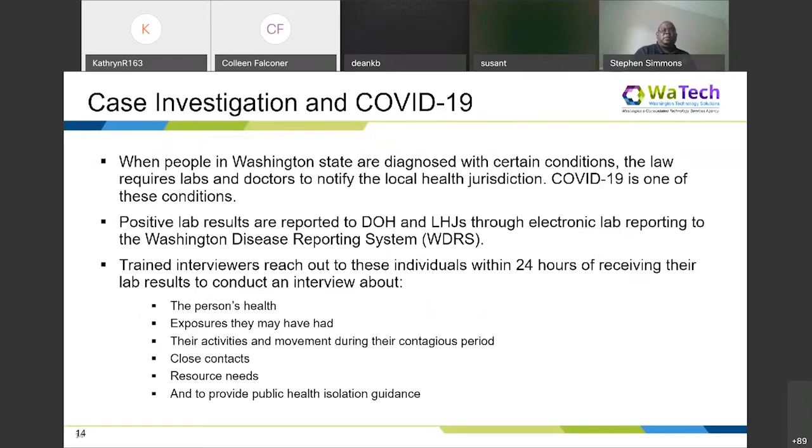So the lab results go into a system called the Washington Disease Reporting System, and that information is input and shared with public health, including the Department of Health and the local health jurisdictions, which is what the LHJ stands for. So when they're doing the case investigations, they're reaching out to individuals for positive health results within 24 hours to do the investigation, which I'm going to get into more of those details.